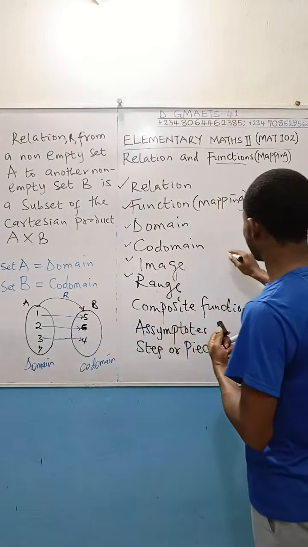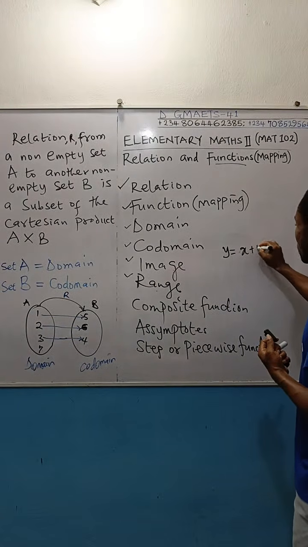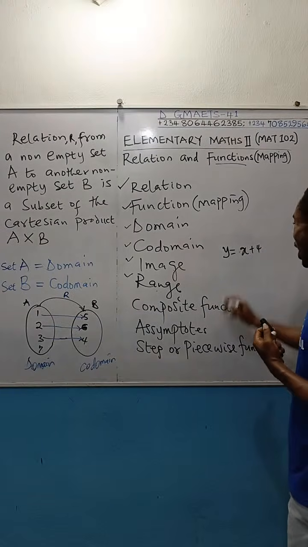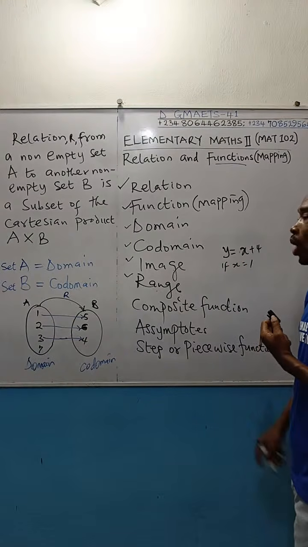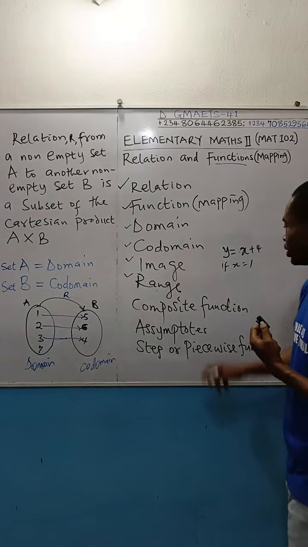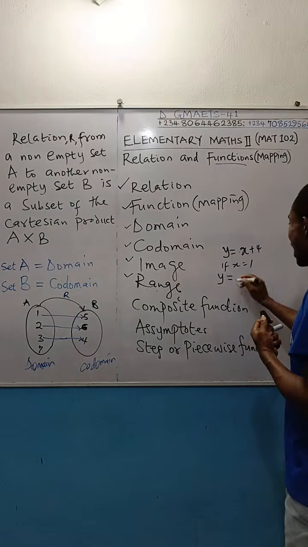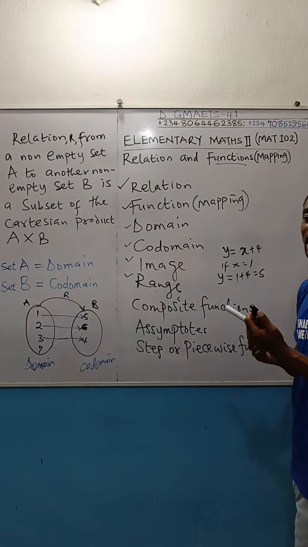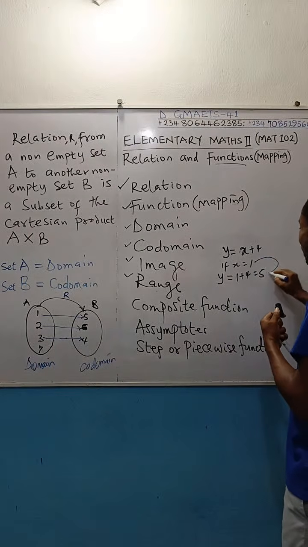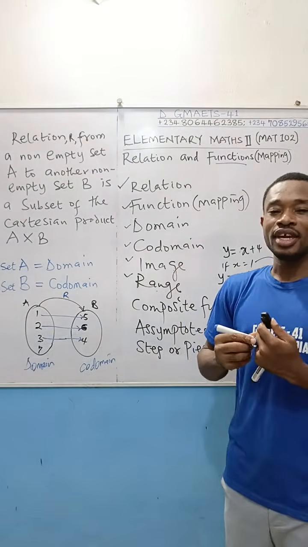It's just like somebody giving you an equation, y is equal to x plus 4, and I tell you that if x is equal to 1, it will produce a value for y, and that value will be 1 plus 4, which is equal to 5. So we can conclude that 1 gave birth to 5. Therefore, 5 is the image of 1.